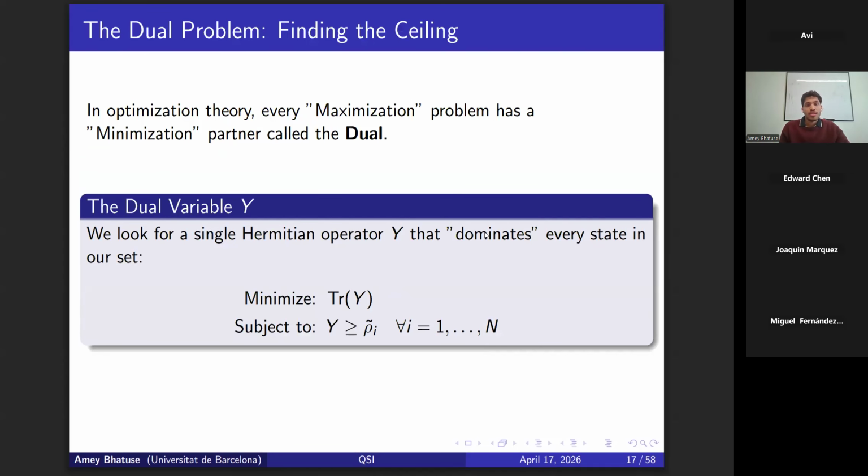In optimization theory, for every maximization problem there's a minimization partner, which is called the dual. In this problem, we want to minimize the trace of y such that y is greater than or equal to rho_i, which is the multiplication of your prior with the quantum state.